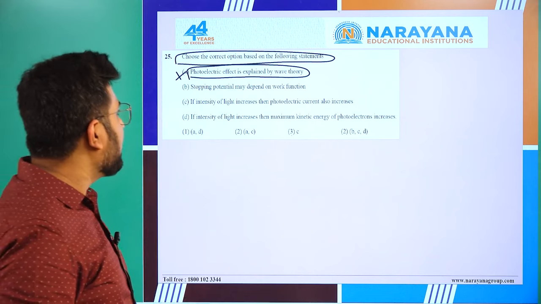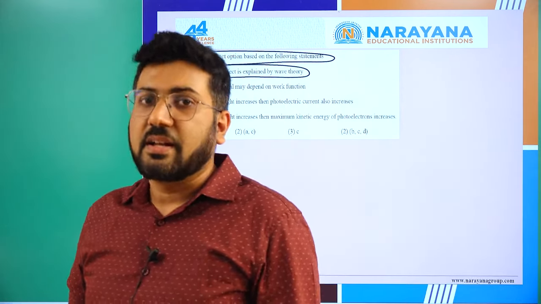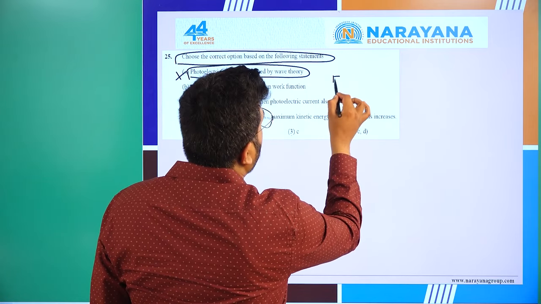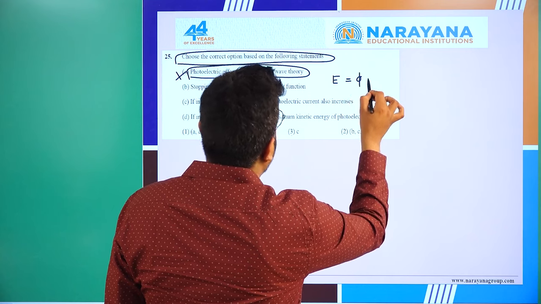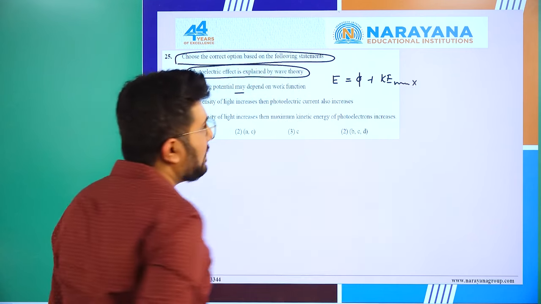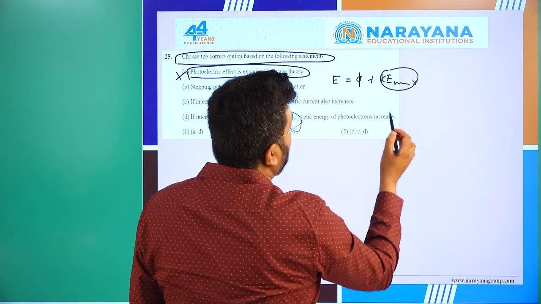The second statement is stopping potential may depend on the work function. Now, they have written the word may, but you know by Einstein's photoelectric effect equation, E equals phi plus Ke max, and Ke max is directly related to the stopping potential.